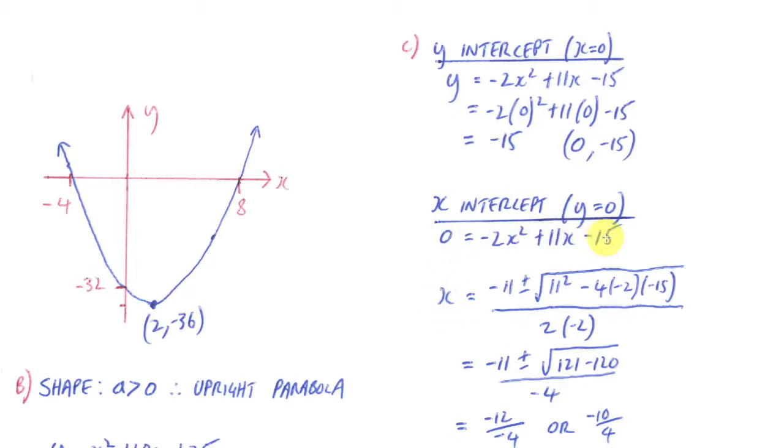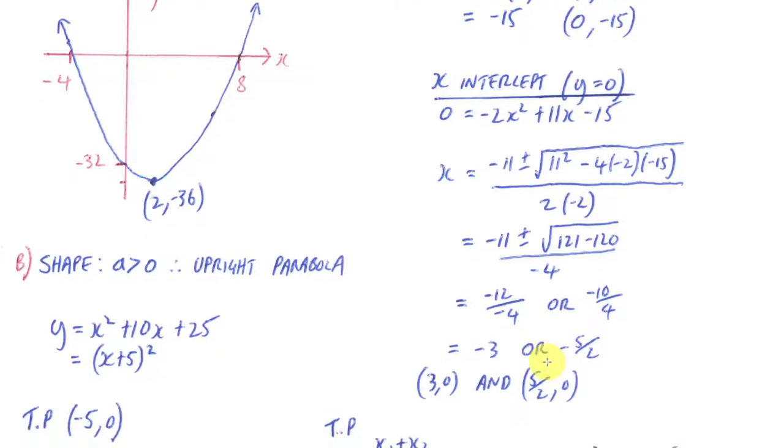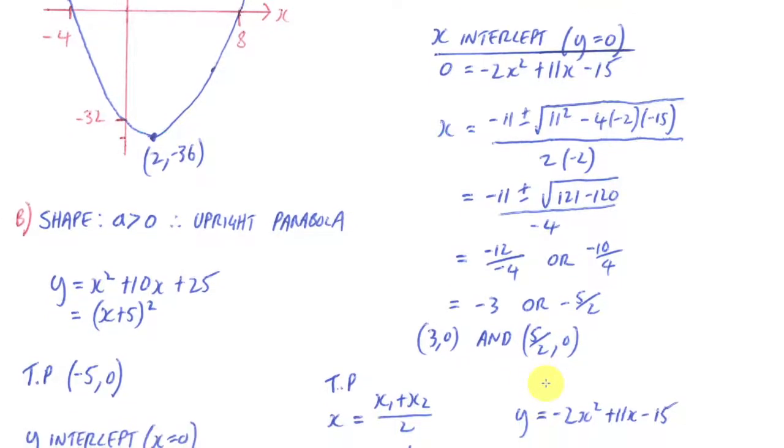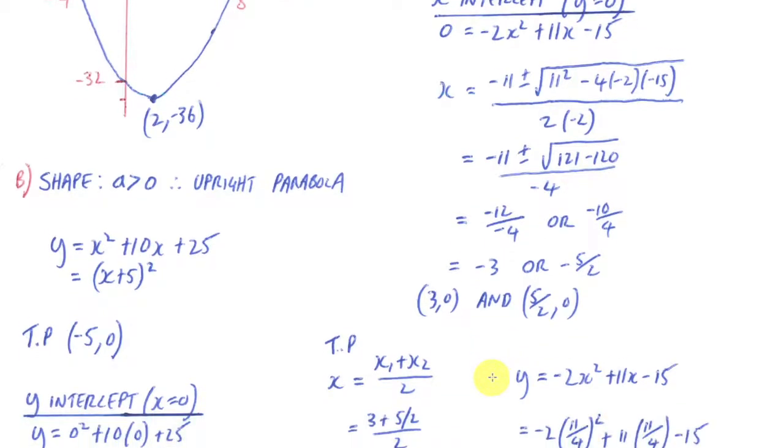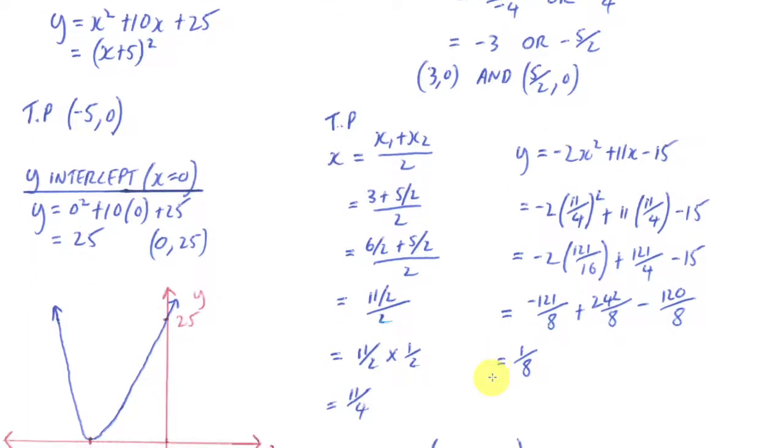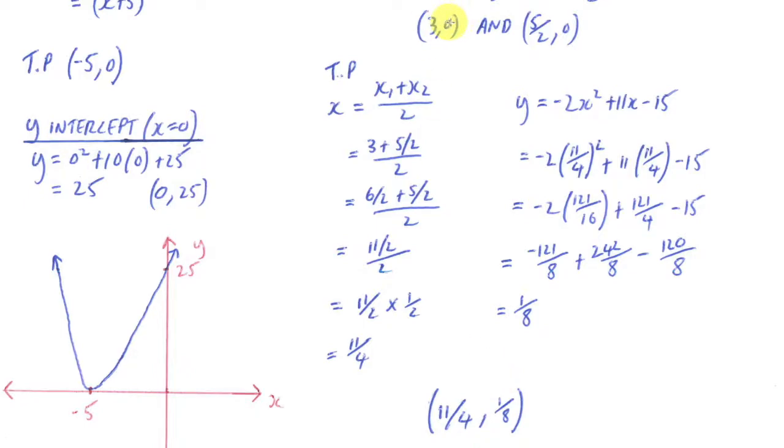So that's my equation. And to find out what x is equal to, I use the quadratic formula and I produce 3 and 5 on 2. So they are my two x-intercepts. The turning point, because it's going to be a bit more difficult for me to convert that into turning point form using the completing the square method, my turning point occurs halfway between those two found x-intercepts.